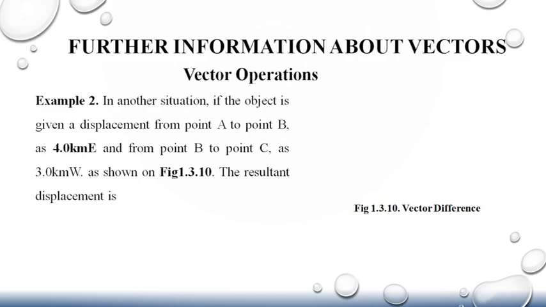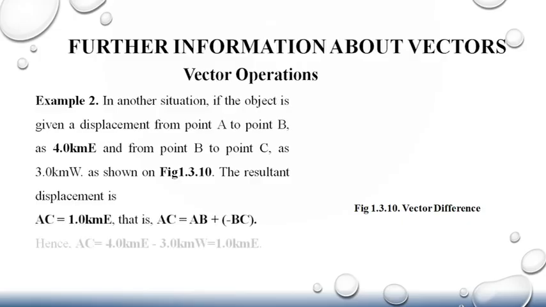Example 2. In another situation, if the object is given a displacement from A to B as 4.0 kilometers east and from B to C as 3.0 kilometers west, as shown in figure 1.3.10, the resultant displacement is AC, which is 1.0 kilometers east.